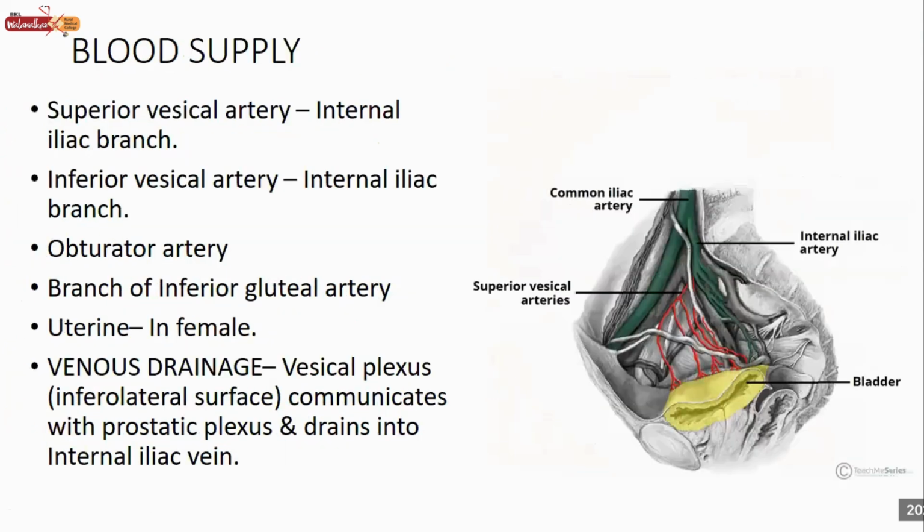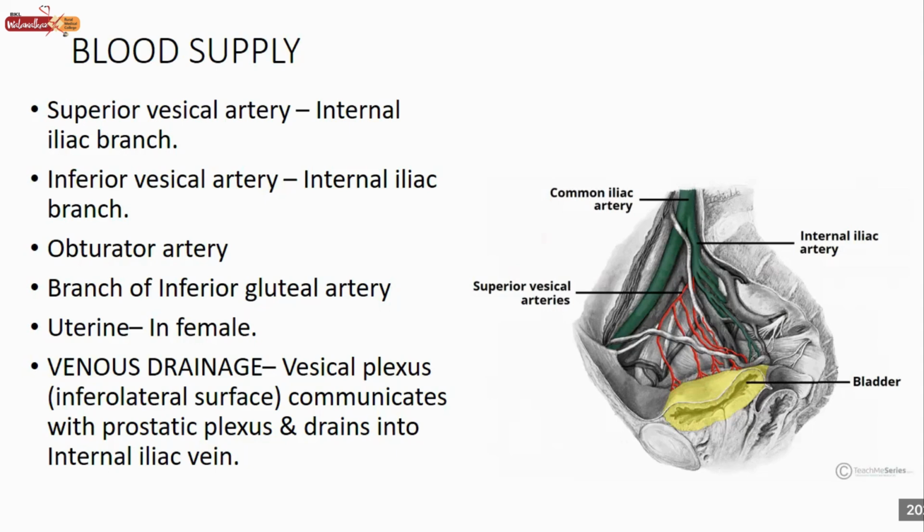Coming to the blood supply, the superior vesical and inferior vesical arteries, which are branches of the internal iliac, which is a branch of the common iliac, and also the obturator artery and a branch of the inferior gluteal artery supply the bladder.